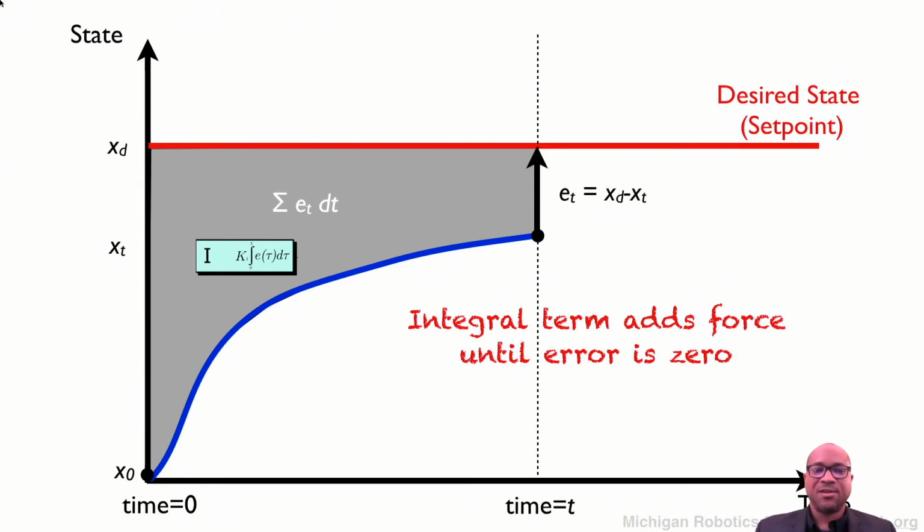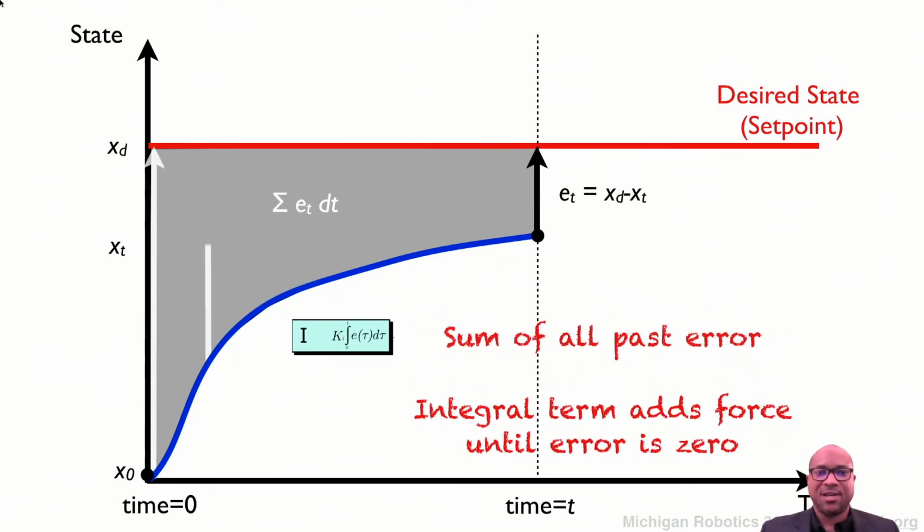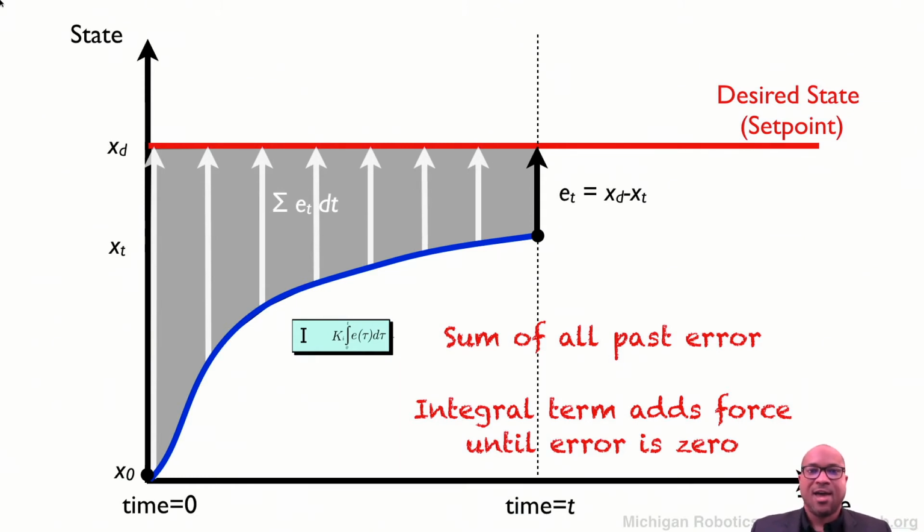This integral term will continue to add force into the system and drive our error to zero. Note that it is continually adding up the sums of past errors, accumulating them. Once the error gets to zero, we have no new error, and the integral term will add no new control force. Although we have to be worried that if it starts to add up, it'll actually lead to divergence from the set point instead of convergence.